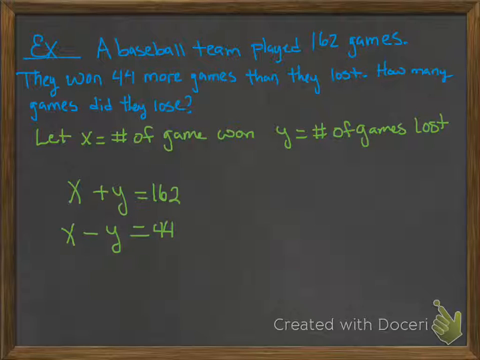Or I could have written that second statement as x is equal to y plus 44. I'm turning that into this because now I have a positive y and a negative y, and I can make a big addition problem. Notice that my y's now can cancel.